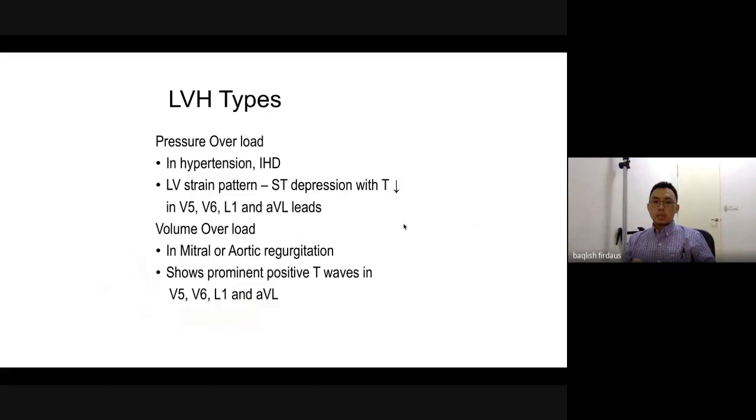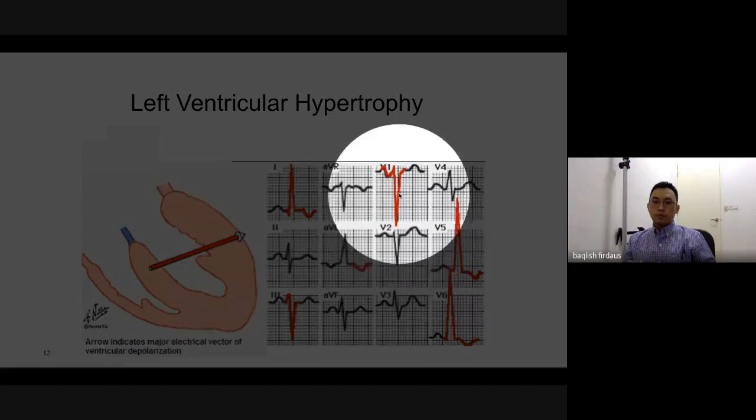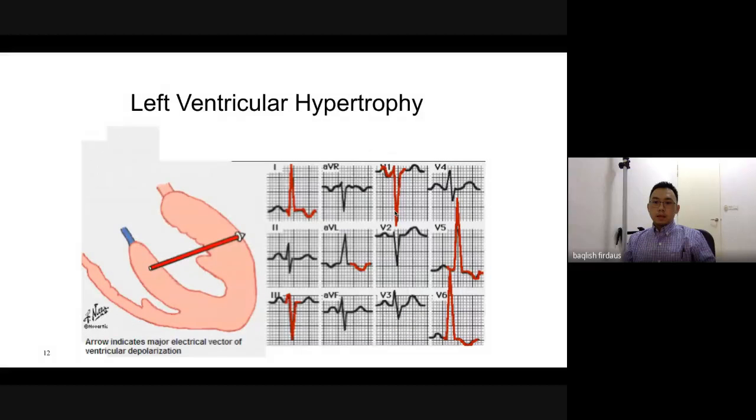Usually in left ventricular hypertrophy, in lead V1, there will be a deep S wave. And there is a deep S wave in lead V1 or V2. And there will be a tall R wave in lead V5 and V6. And we will use the voltage criteria.